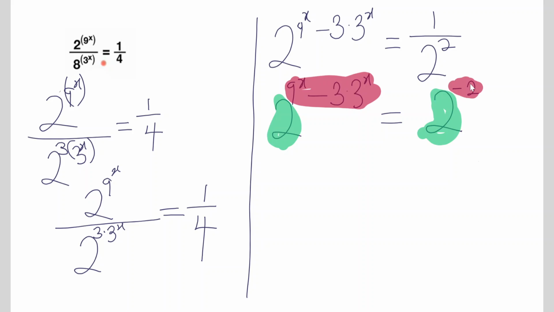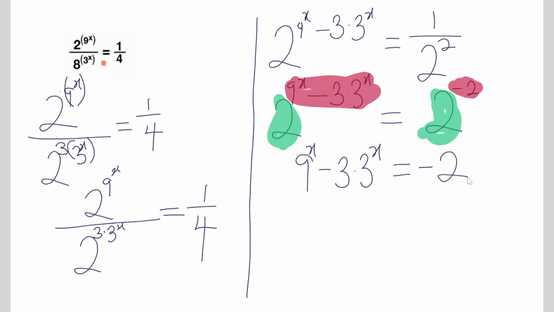So let's quickly do that. So we have 9 to the power of x minus 3 multiplying 3 to the power of x equal to minus 2.